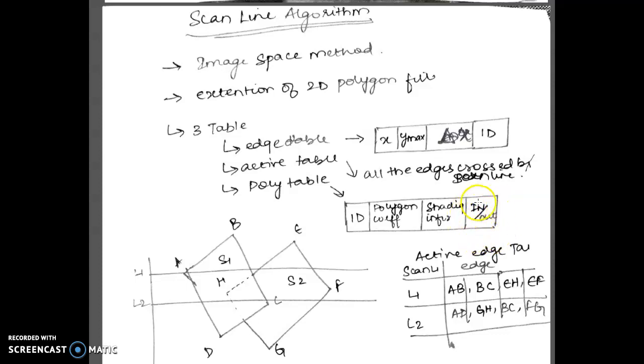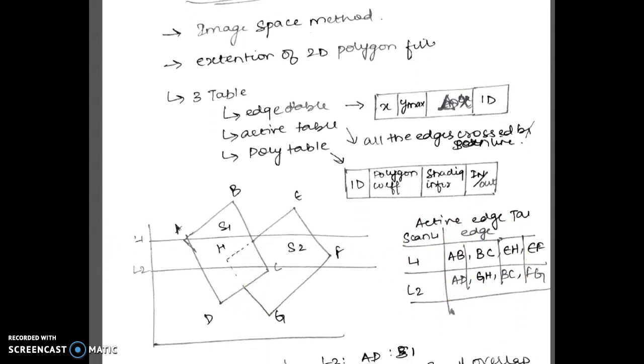So this is the active edge table, and consider this diagram in which we are seeing that there are two scan lines. The scan line 1 is this one, L1, and scan line L2 is this one. We write all the edges the scan line crosses: L1 crosses AB, then BC, then HE, then EF, and similarly L2 crosses AD, then GH, then BC, then finally FG.